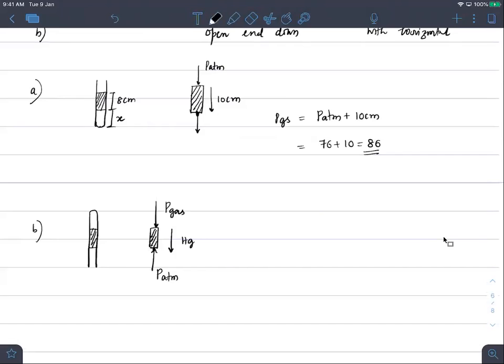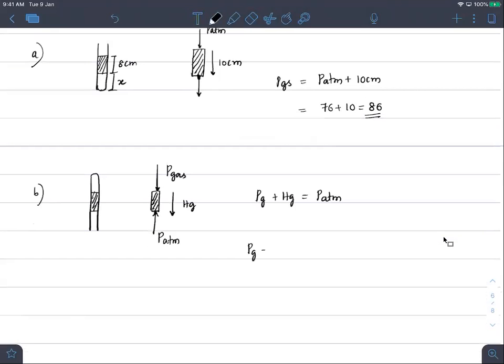So the gas pressure plus mercury pressure is balancing the atmospheric pressure. Which means gas pressure will be equal to 76 minus 8. So that would be 68 centimeters.